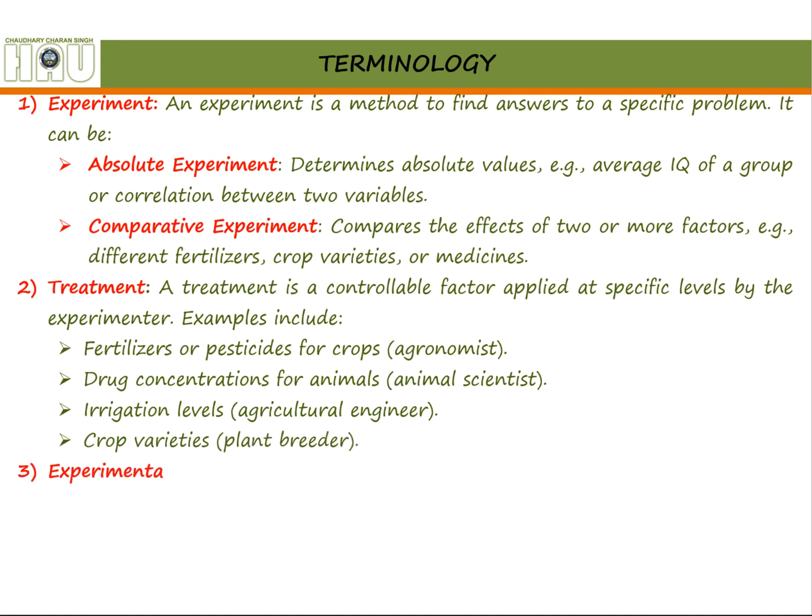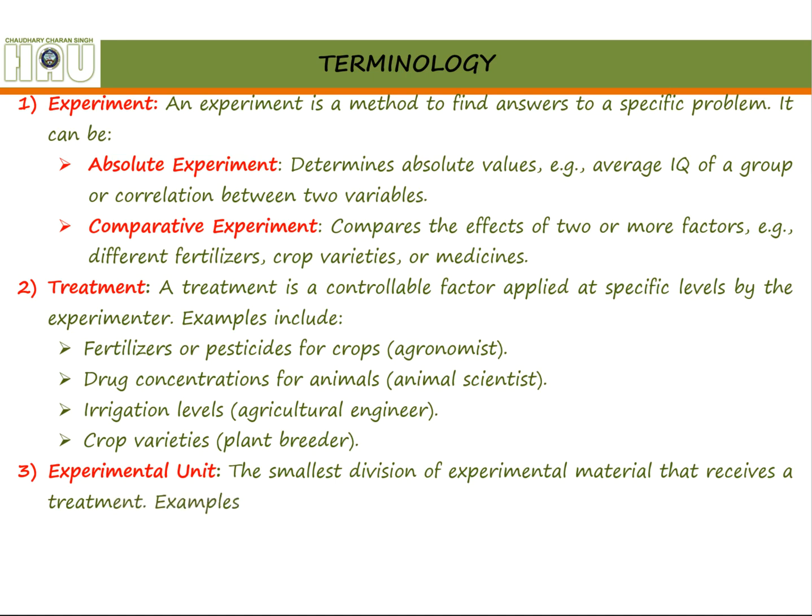Then next is experimental unit. It is the smallest division of experimental material that receives a treatment. For example, if you conduct a study on a drug effect on various rats, the rat is your experimental unit. In the field, the plot which receives a particular treatment is the experimental unit.